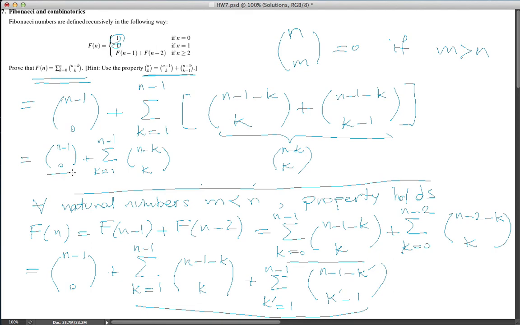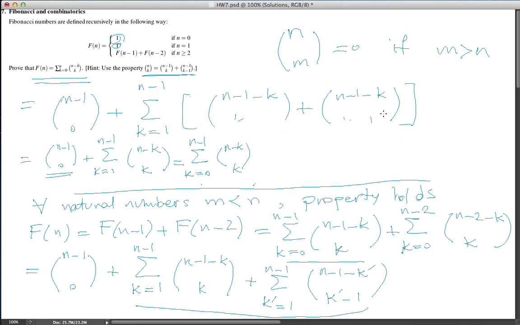And now considering this first term also in the summation, we have the summation k from 0 to n minus 1 of n minus k choose k.